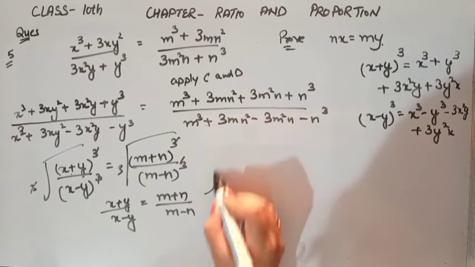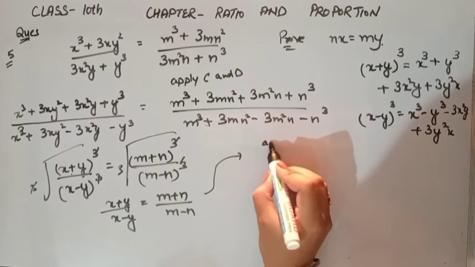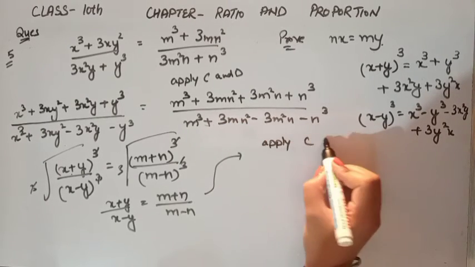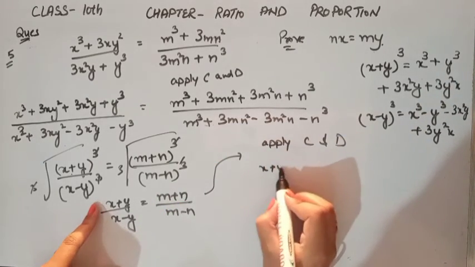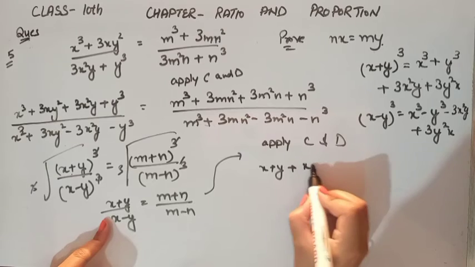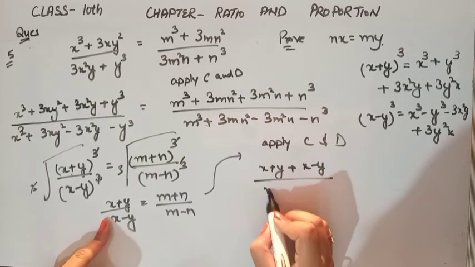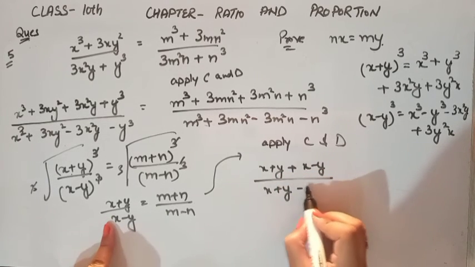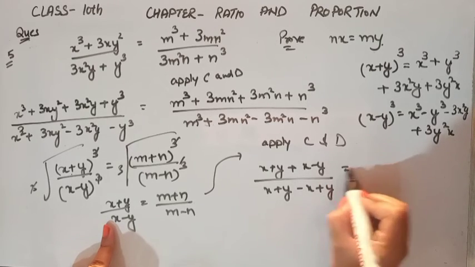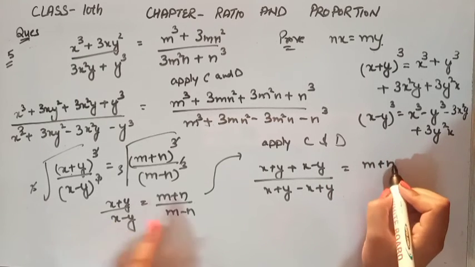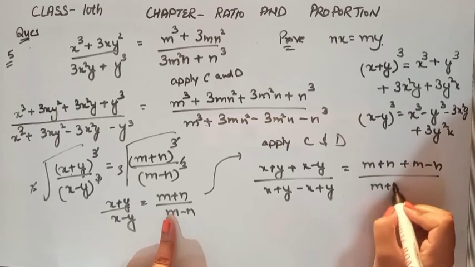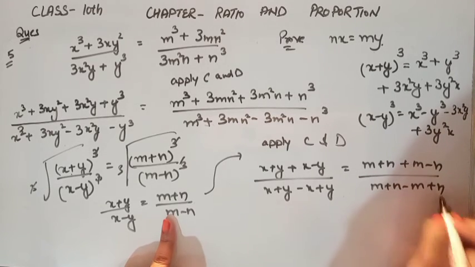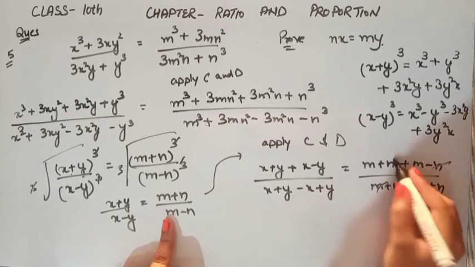Now again apply componendo and dividendo. So what will you get? x plus y plus x minus y upon x plus y minus x minus y is equal to m plus n plus m minus n upon m plus n minus m minus n.